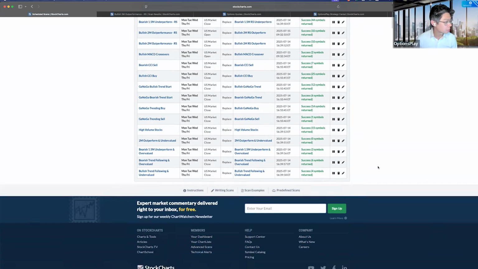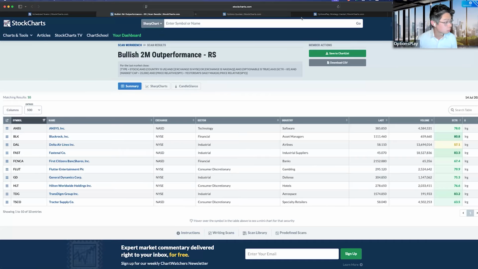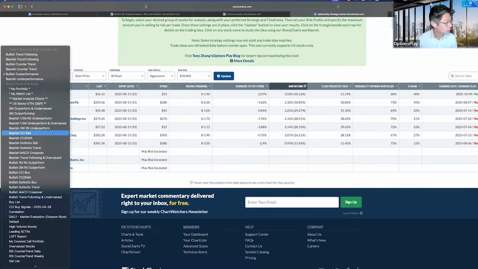So I have all of these scans automated, a lot of them based on market close, so that it runs that scan and updates my chart list, and when I'm using the Strategy Center, I always have the most updated stocks.